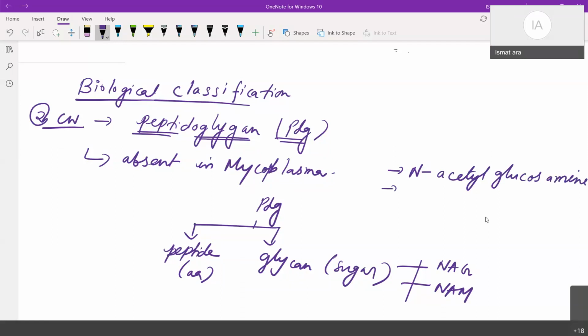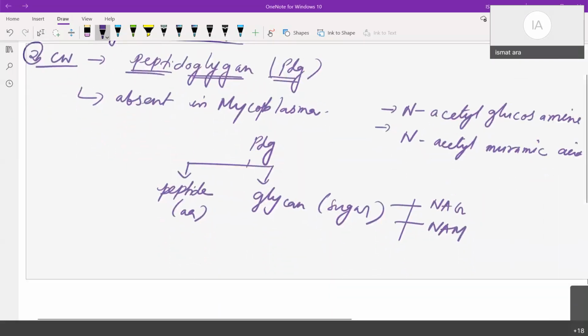Full form of NAM is N-acetyl muramic acid. Okay, this is about the cell wall. Third is the plasma membrane or cell membrane. Is the cell wall clear to you, students?